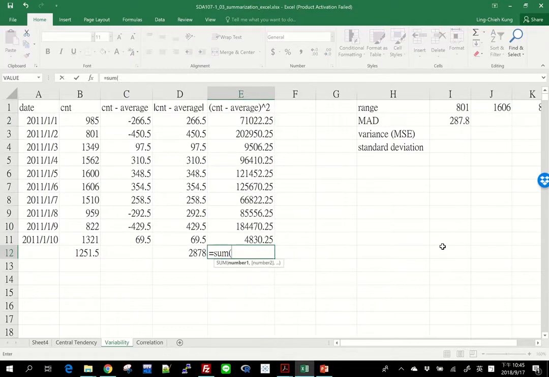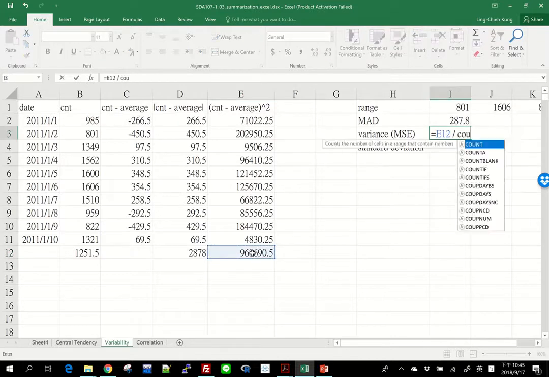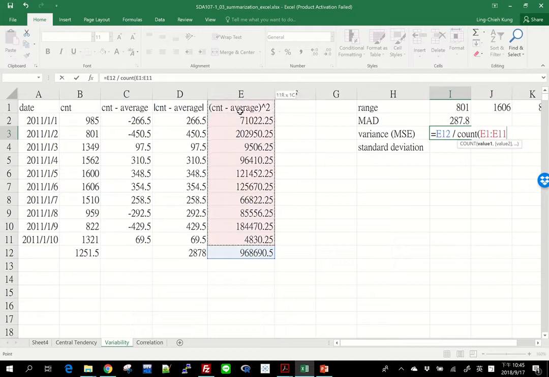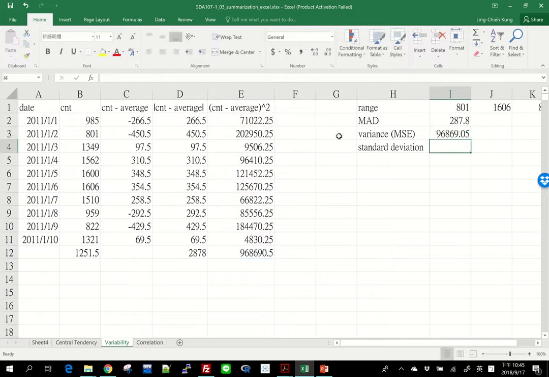I want to sum them up. Okay, so this is my sum of squared deviations. Then all I need to do is to take this number divided by the number of values I have. Okay, so this is my variance.